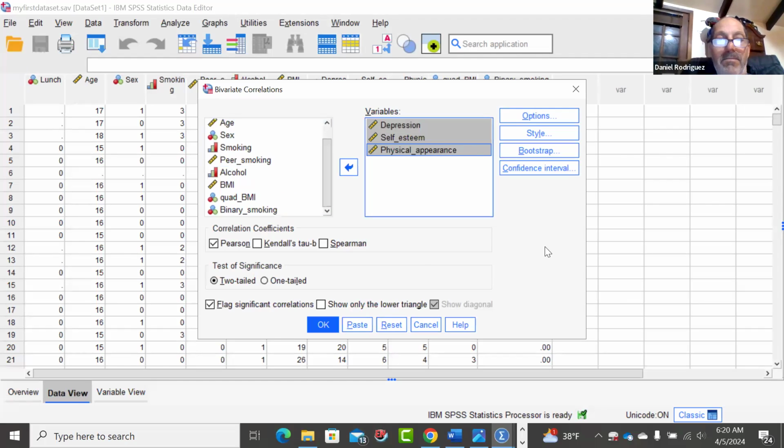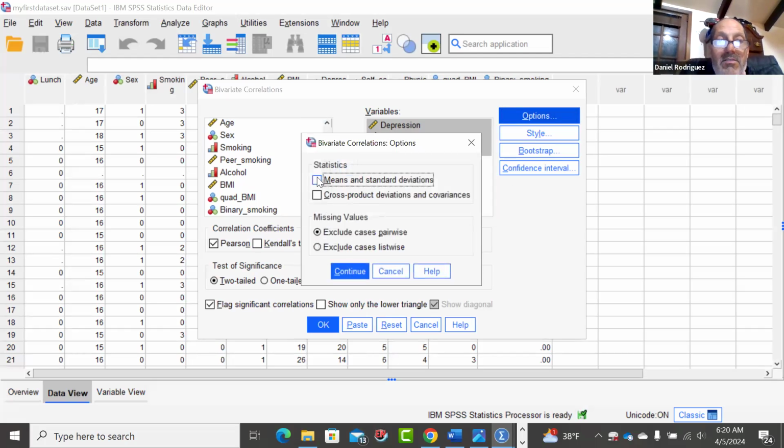We want the Spearman correlation. Kendall's tau is good when the sample size is small. It's equivalent to the Pearson correlation. Look at the options. Always good to get means and standard deviations. You don't really need these cross product deviations and covariances.